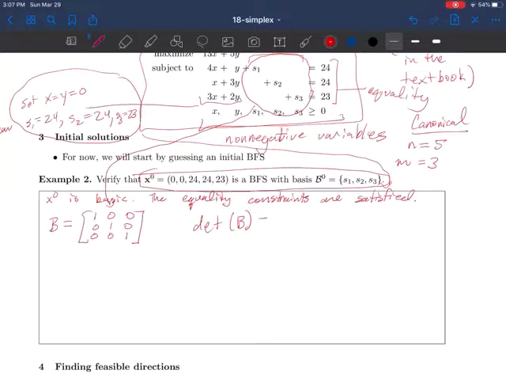The determinant of B is equal to 1. Why? Well, you can see that's true just from either calculating in Python or just recognizing that B is the identity matrix.